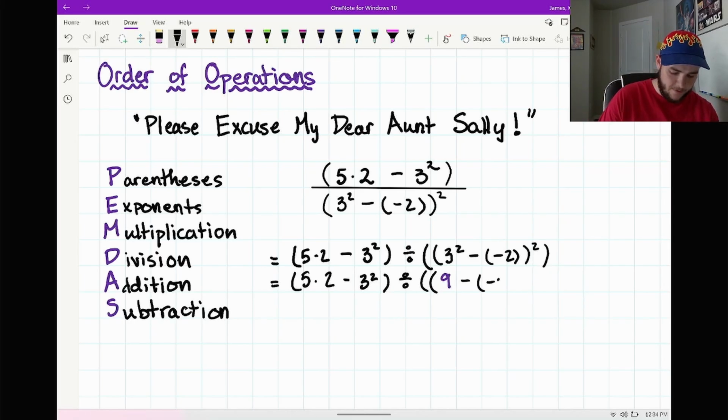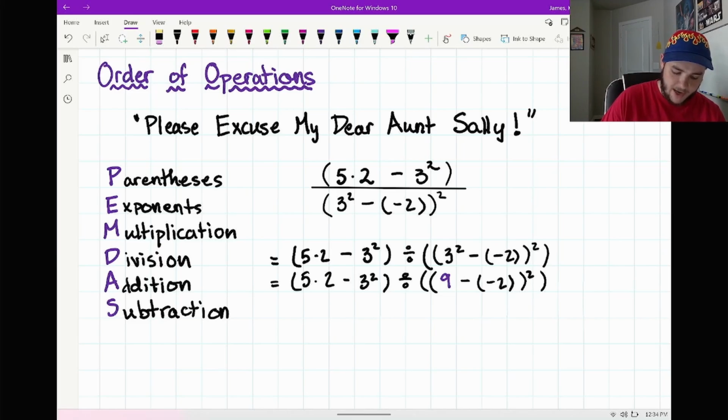And I'm going to leave the whole rest of the expression alone. Now, again, looking just inside this set of parentheses, I don't see any more multiplication. I don't see any division or addition, but I do have subtraction. I have 9 minus -2.